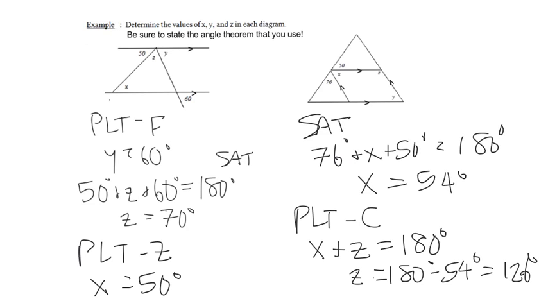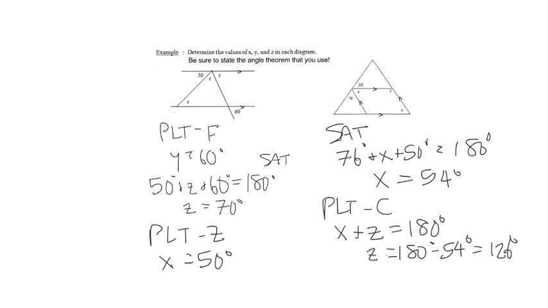Okay, and I can use the C pattern again here to show that z plus y have to equal 180 degrees. So y has to be the same thing as x, in other words, which is another theorem related to parallelograms, which I'm not going to get into today.